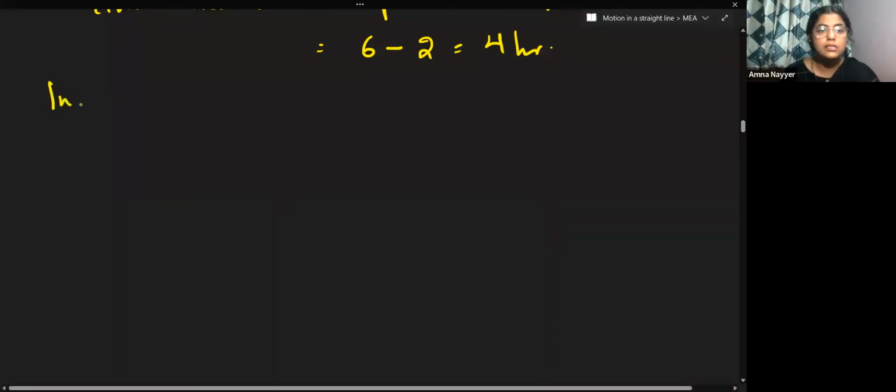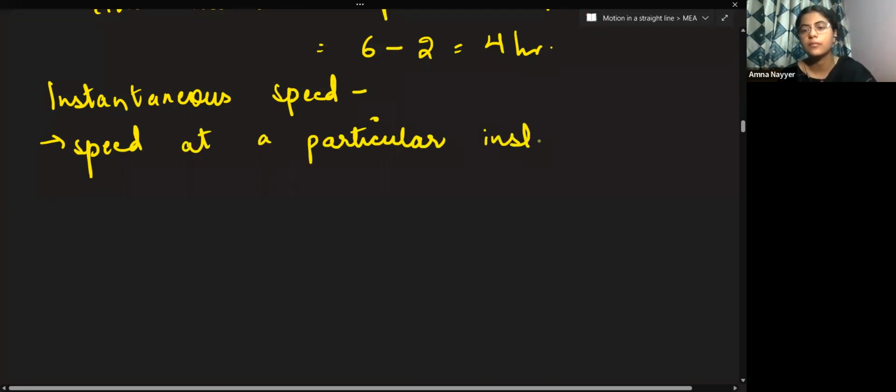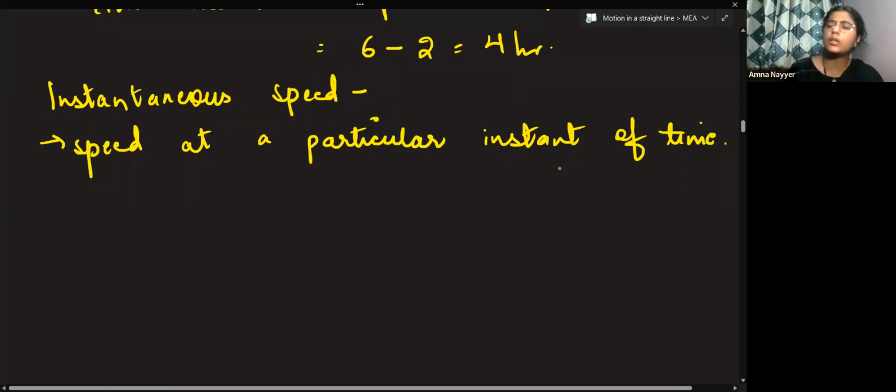As I had already introduced, this is instantaneous speed. So this is speed at a particular instant of time.